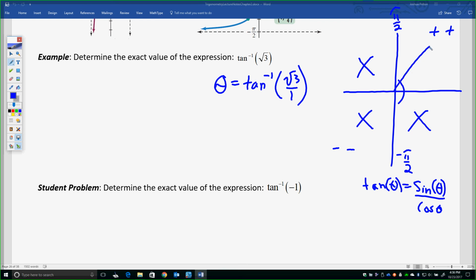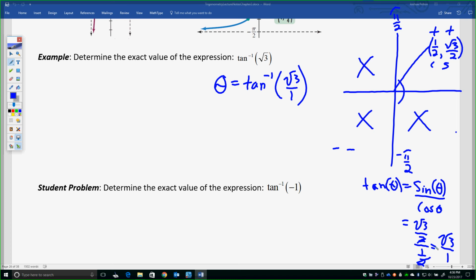So I need a coordinate of 1/2, root 3 over 2, which is my cosine, sine. So if I actually plug that in, that would give me root 3 over 2 over 1/2, which would cancel, give me root 3 over 1. So the question is, what is that angle?